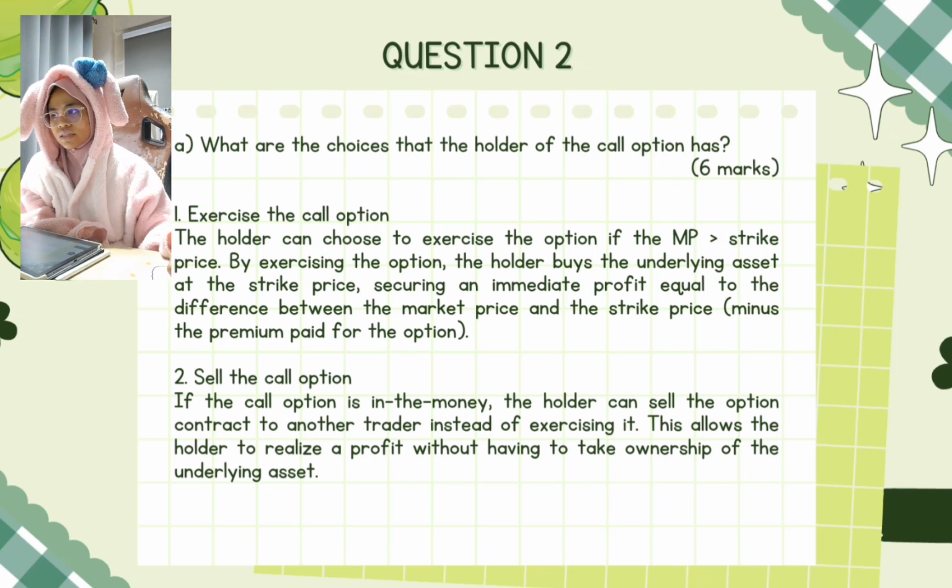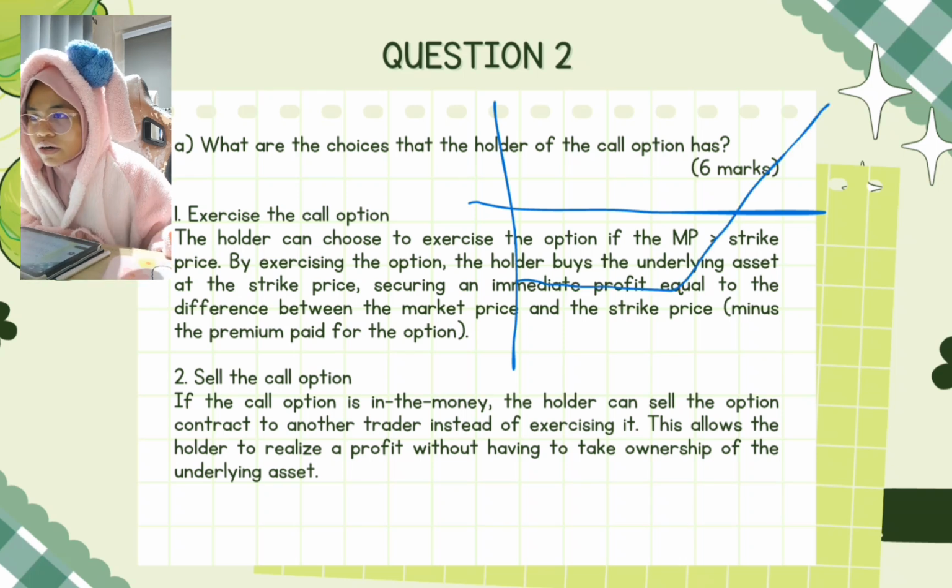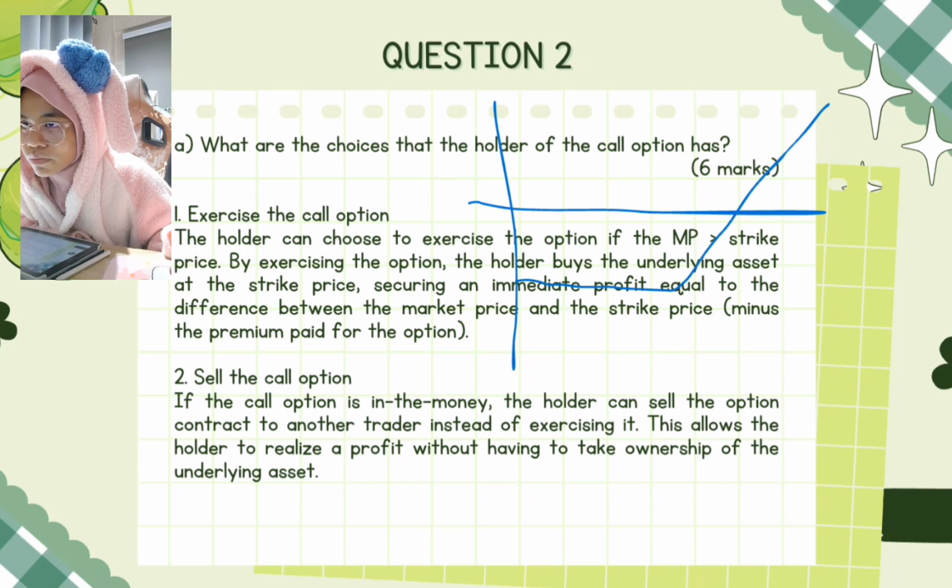So basically, this is actually for a long call. Wait, let me draw the diagram first. Okay, this is the diagram. So this is for example. This is the BEP.